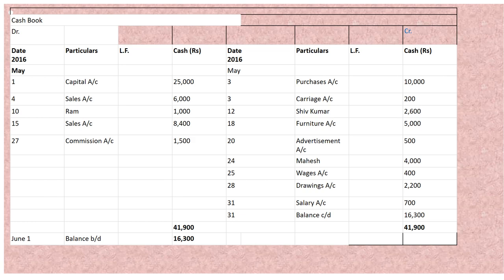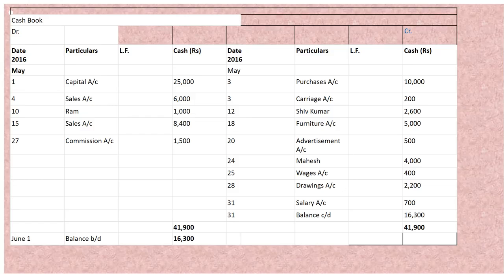Now see, our first entry is May 1st, commenced business with cash. Whenever we start business with cash, we do the entry with cash account debit to capital account. So in the debit side of the cash book, to capital account, that will be rupees 25,000.